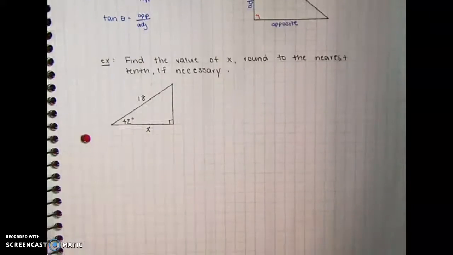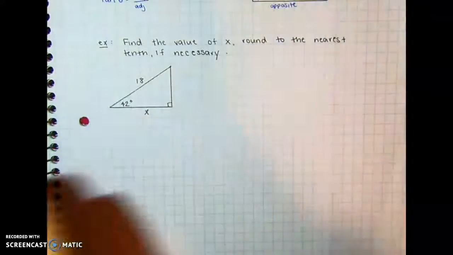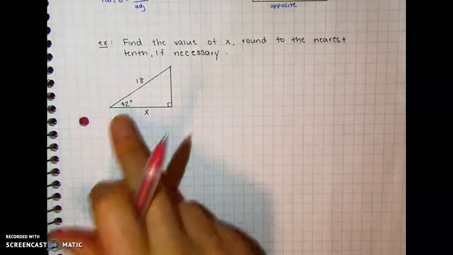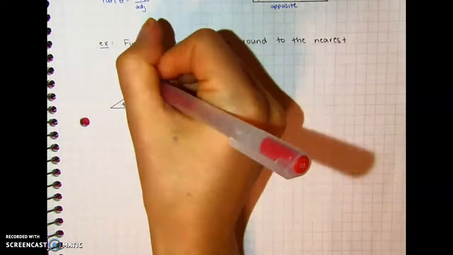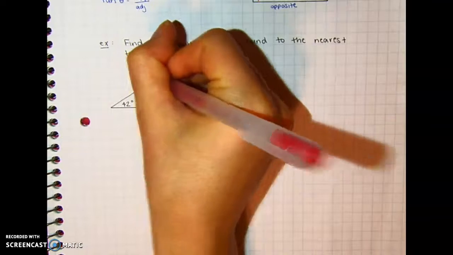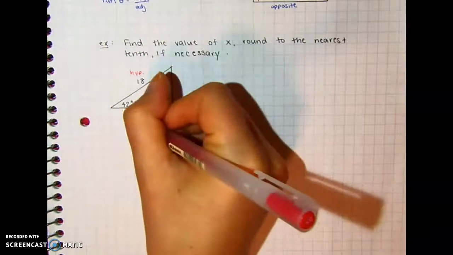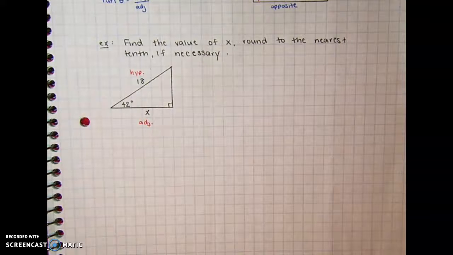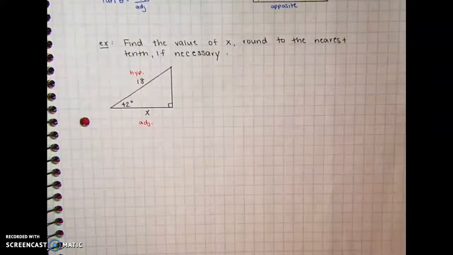So first thing that's recommended but not required is going to be labeling what side is what. So if this is our focus, then that means that I am given the hypotenuse and the adjacent side. So not required work, but recommended work.